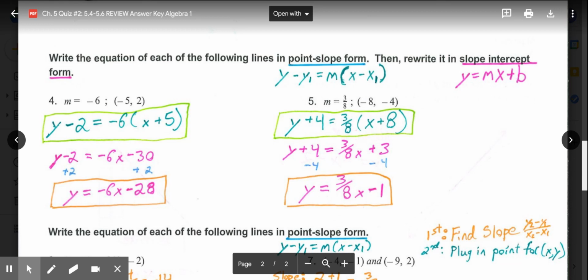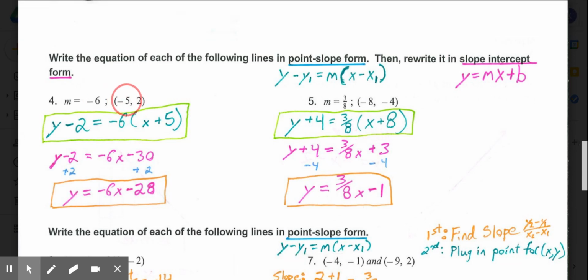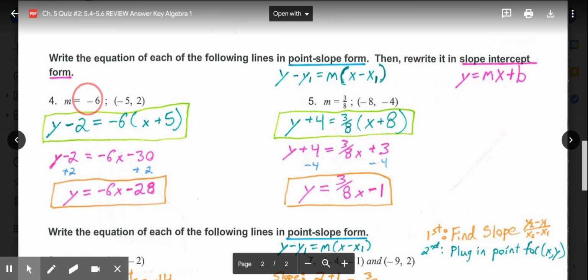So in number 4, first thing I want to do is write it in point slope form. So they gave me a slope of negative 6 and a point at negative 5, 2. So the 2 will go in for y1, negative 5 goes in for x1, and then the negative 6 goes in for m.